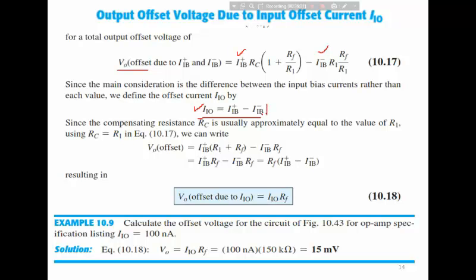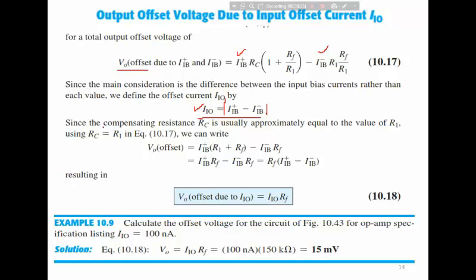Usually the magnitude of this difference is considered, whichever bias current is greater.